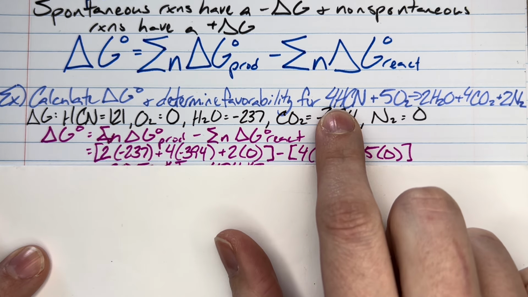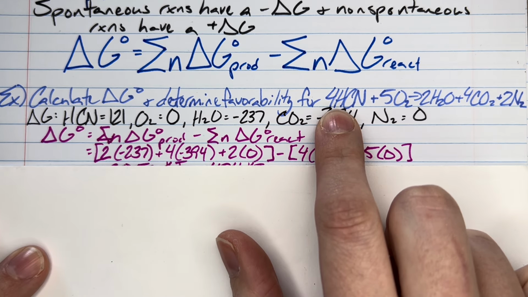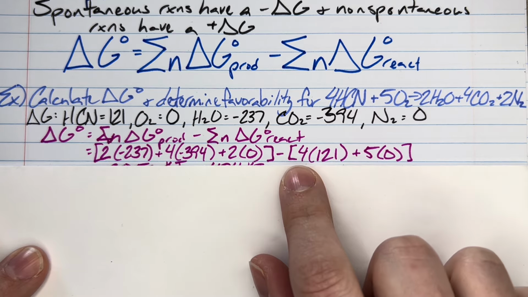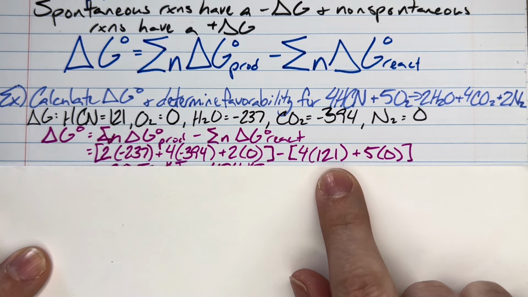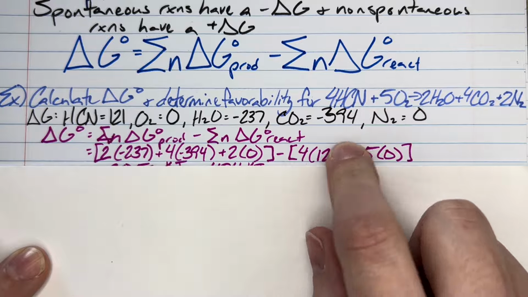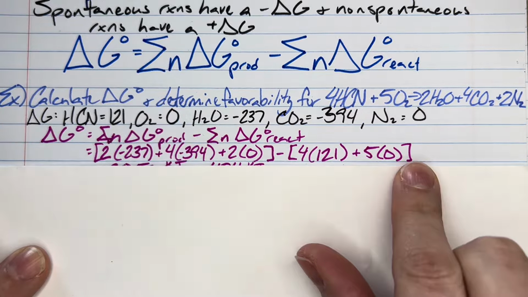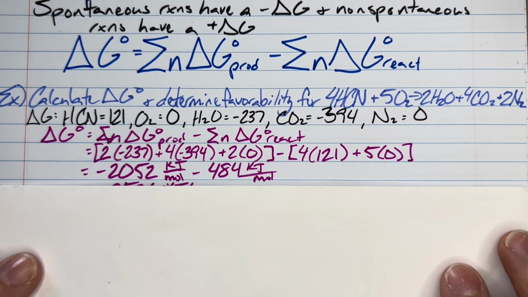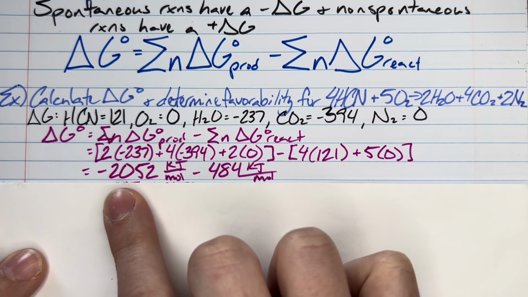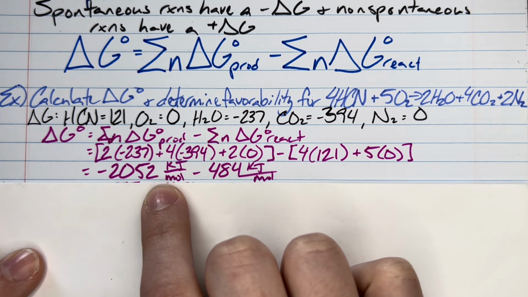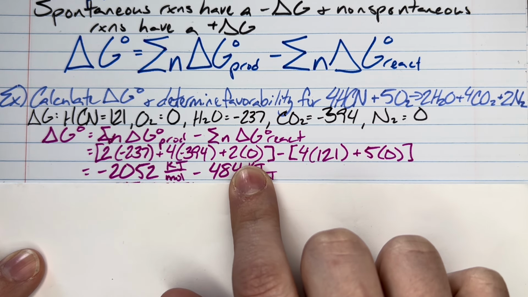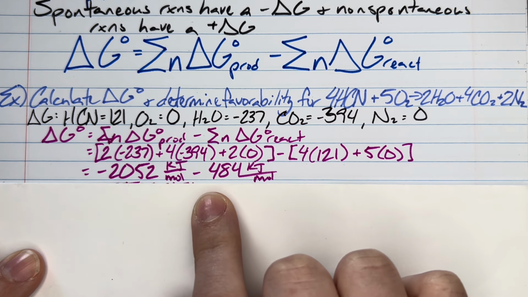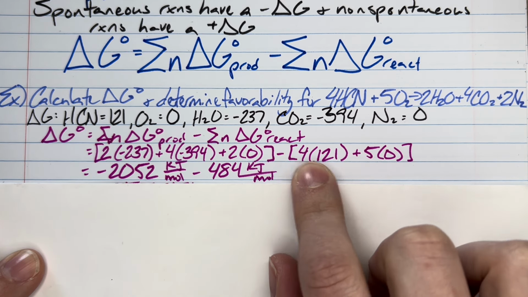And then from our reactants, we have 4 of the hydrocyanic acid, and so 4 times the delta G of the hydrocyanic acid, and then 5 oxygens. Oxygen's delta G is 0, so 5 times 0. Overall, that would get me a value of negative 2052 for the sum of our products. And then our reactants, these are positive.